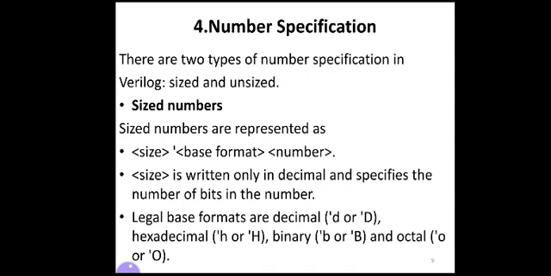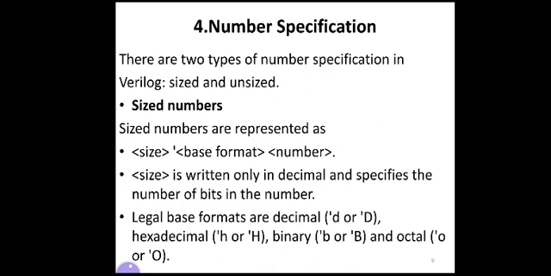Next, number specification. This is very important. Mostly we are going to use the number conventions that we are going to discuss in this particular topic: how to write numbers in Verilog HDL, because we are using different types of number systems like decimal, binary, octal and hexadecimal.